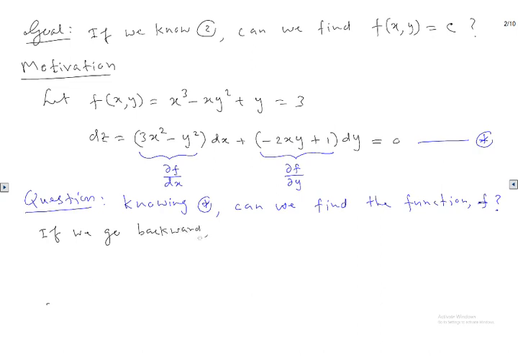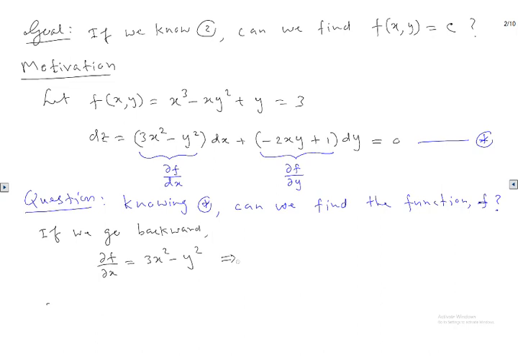Because we know that the first part, the partial of f over the partial of x, equals 3x squared minus y squared. You get this after taking the partial derivative with respect to x. So now what we do, we integrate this one with respect to the x variable again. So just integrate, thinking that y is a constant.